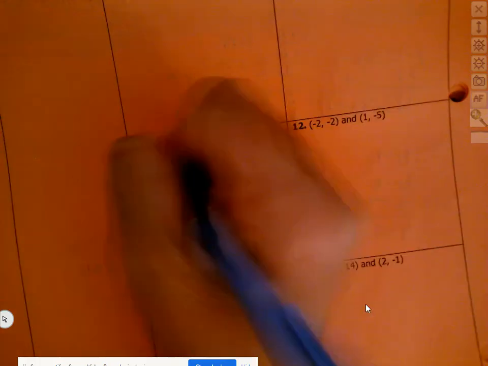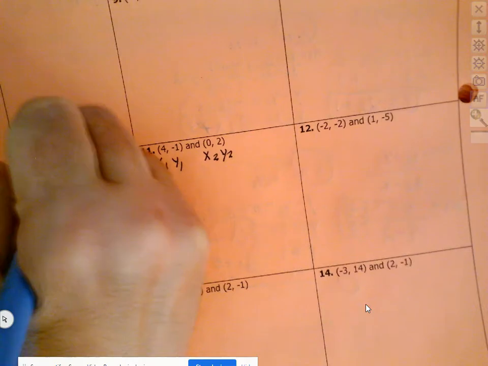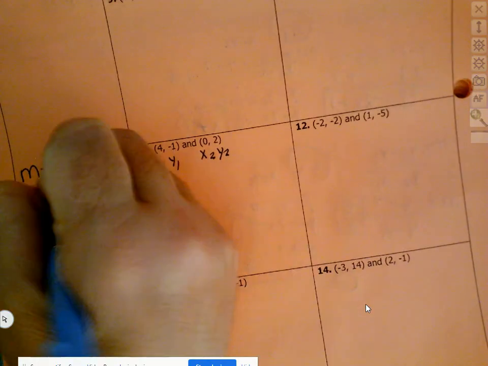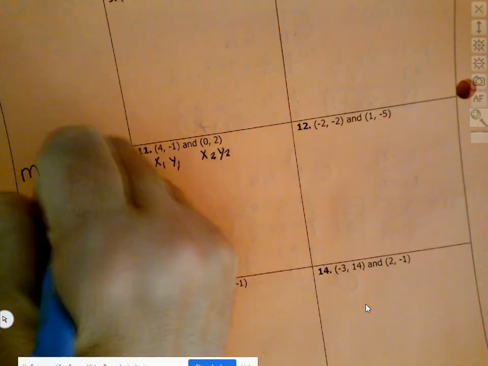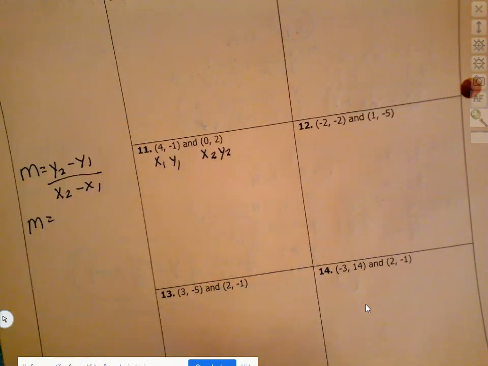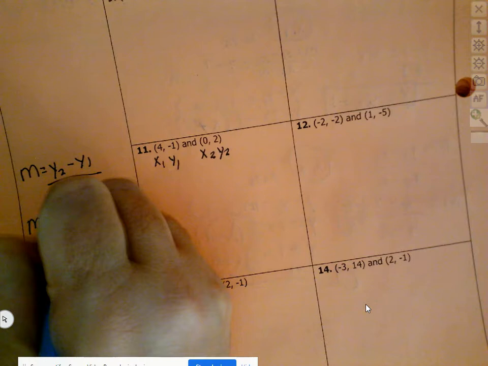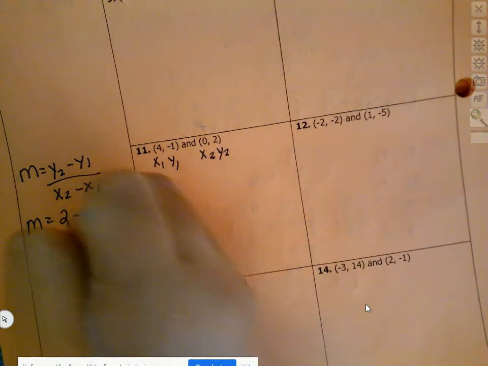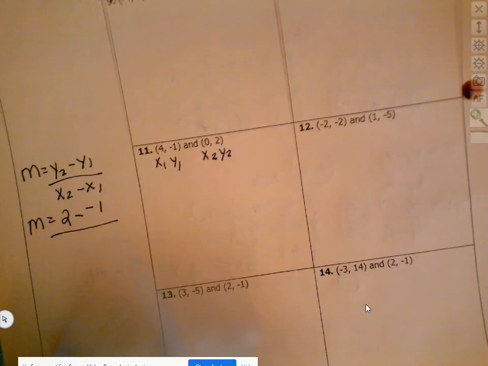Okay, we're going to look at number 11 now. So this is our x1, y1, x2, y2. We're going to do our slope over here. M equals y2 minus y1 over x2 minus x1. So m equals y2 is 2 minus a negative 1 for y1.